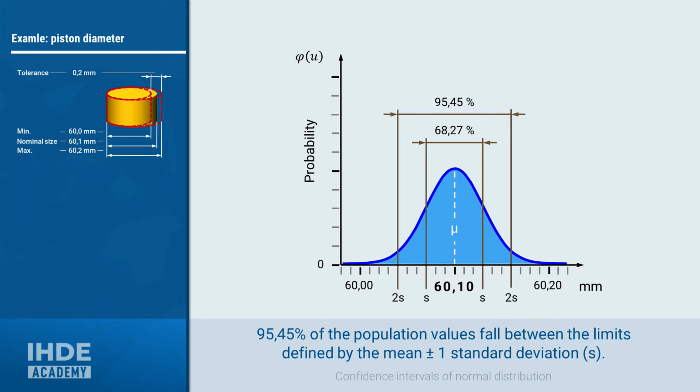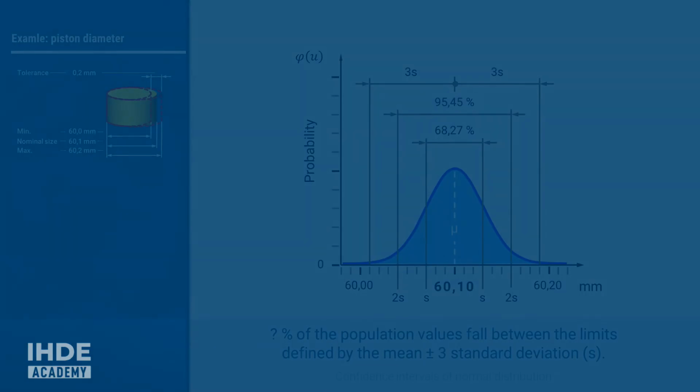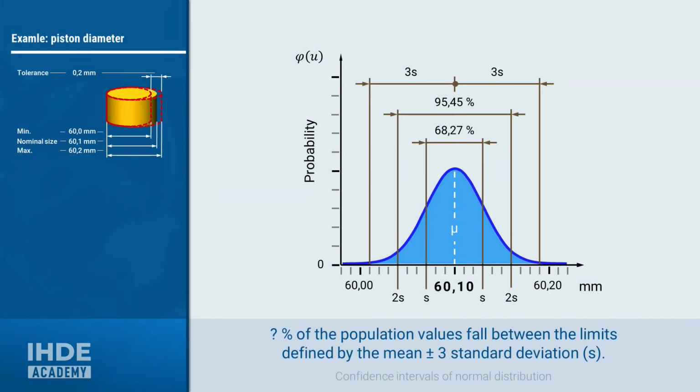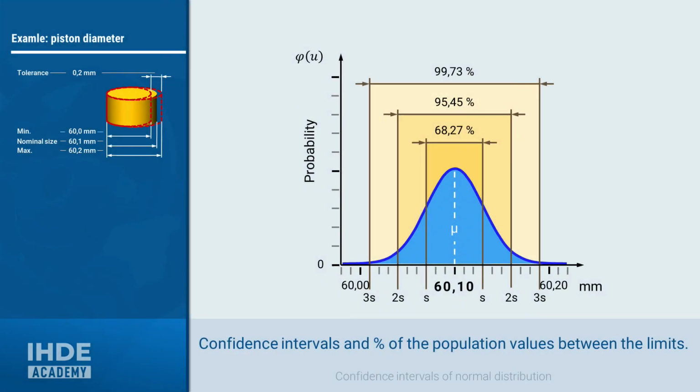Next, let's look at this for the ±3 sigma range. In our example, this is plus and minus 0.09 mm wide and ranges from 60.01 to 60.19. How many values are in this range? 99.73% of all values are in the range of ±3 sigma.